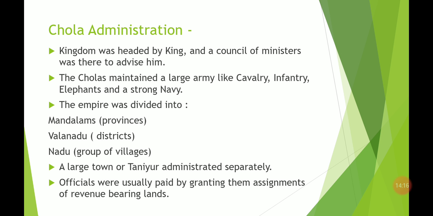The land that belongs to the king, they give to the officials, and whatever revenue, whatever tax they collect from those areas, that will be the salary of that particular official. So this shows that the officials and officers who belong to the Cholas empire get regular payment, regular income also.